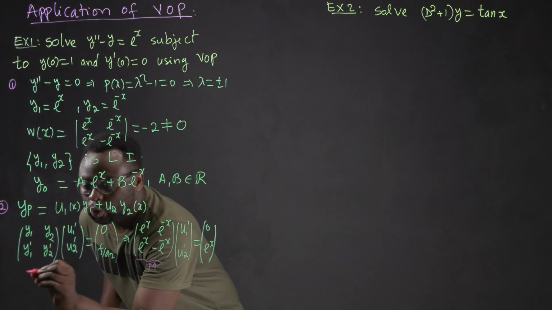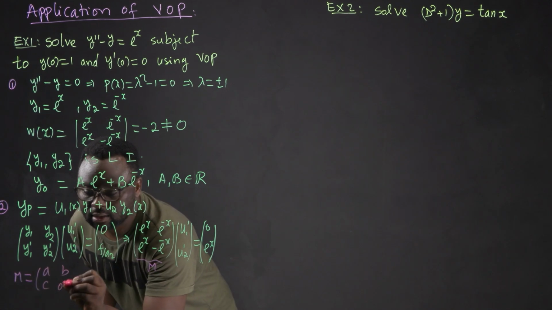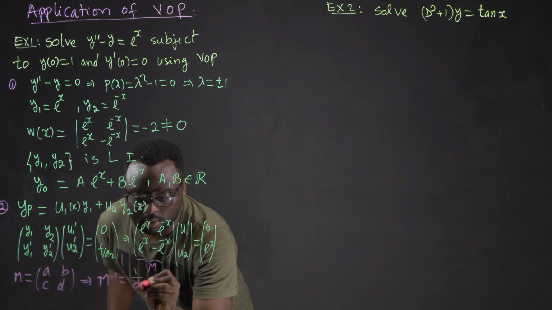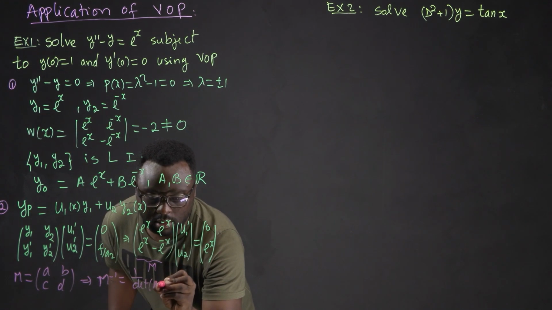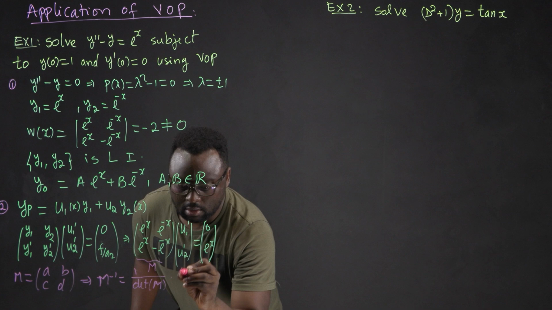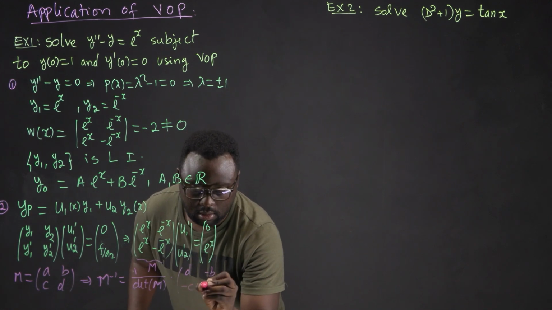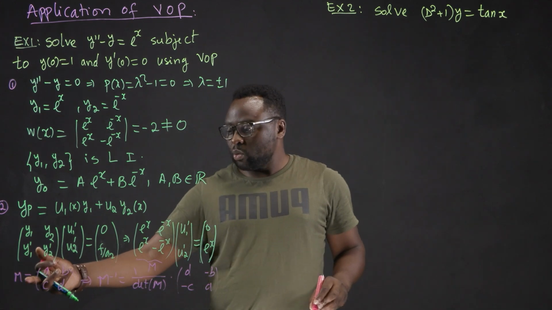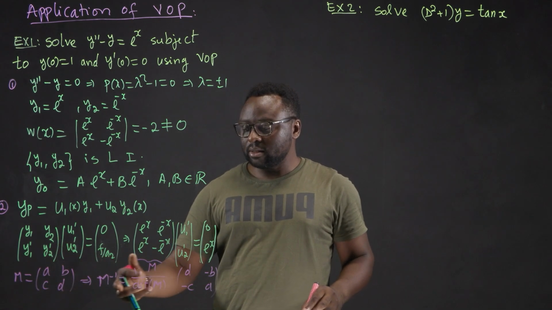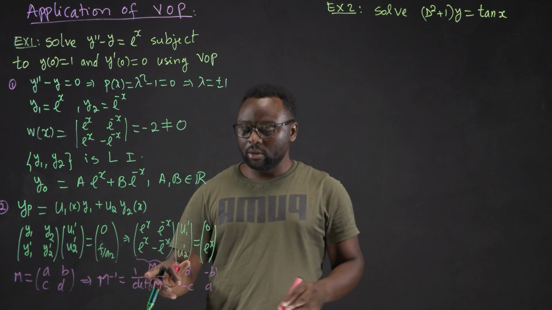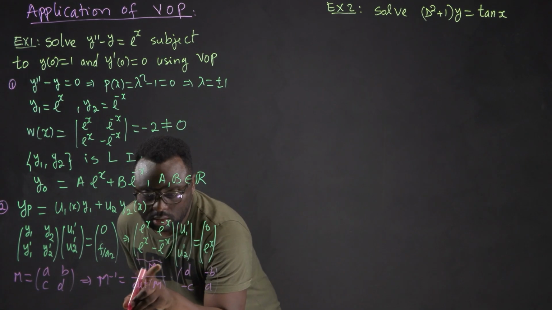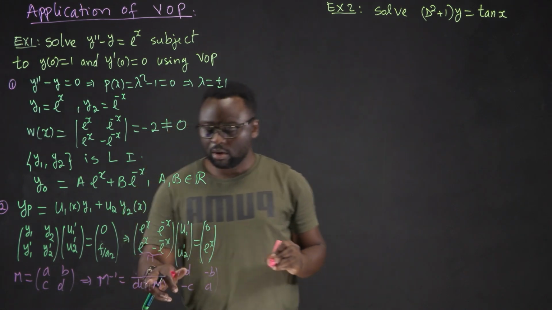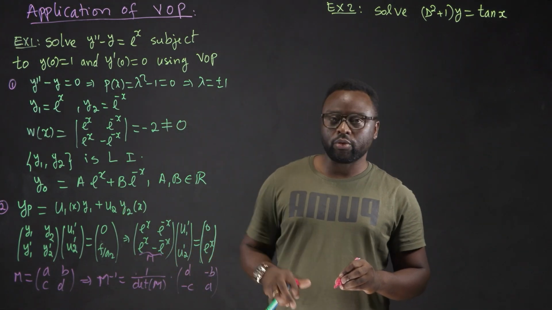Remember, if M is a 2 by 2 matrix given by A, B, C, D, then the inverse of this matrix is given by 1 over the determinant of M times this matrix, okay?